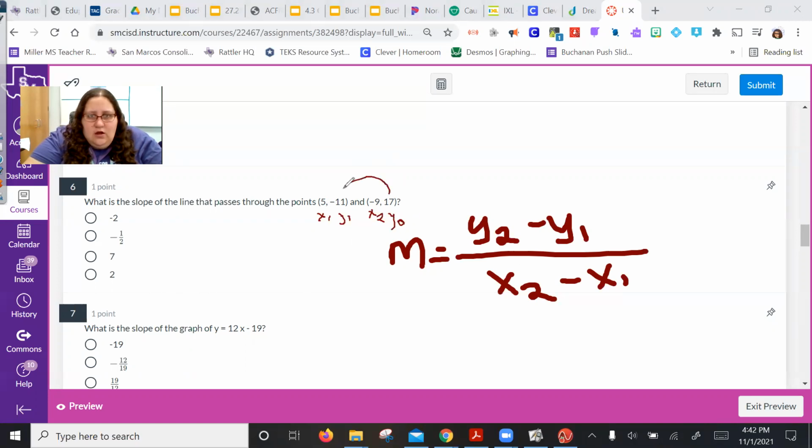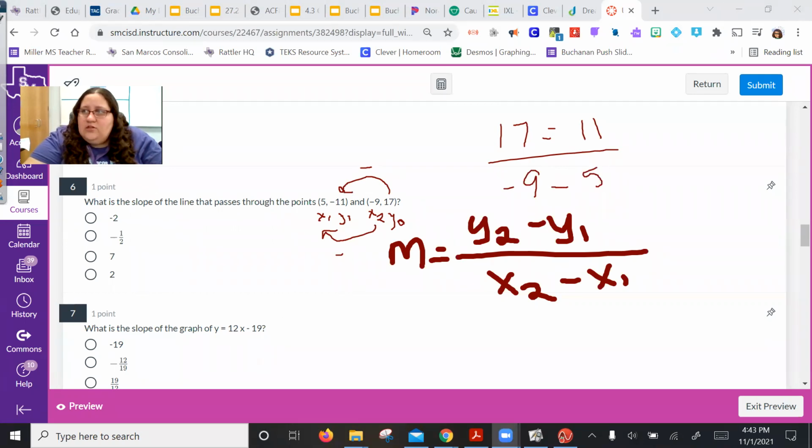So you start at the top, go that way, and subtract. So that's going to be 17 minus -11 over, and then we do the other way and subtract, -9 minus 5. So I'm going to pull up my calculator and type it in as I set it up.